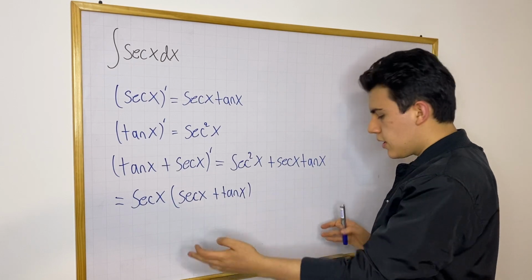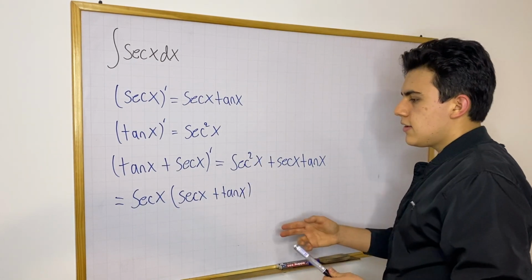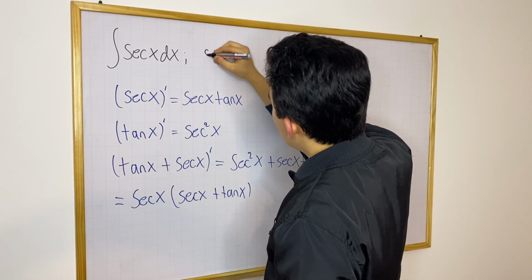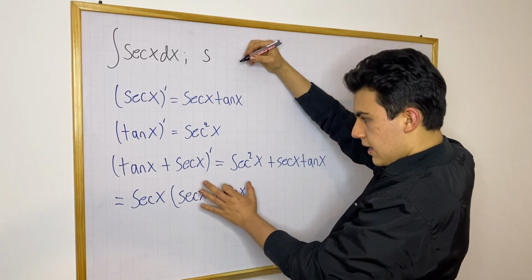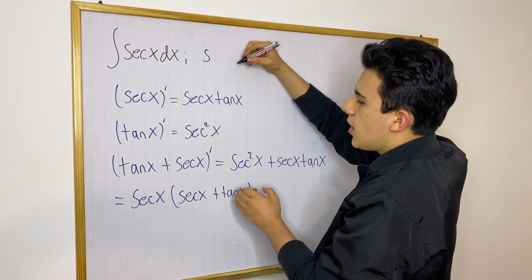Now, this is helpful because we can do the following. Using these couple of equations, we can divide both sides of this equation by secant x plus tangent x, and we're going to get the following.